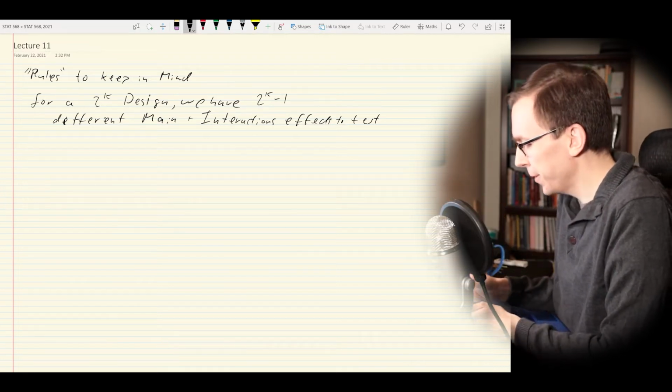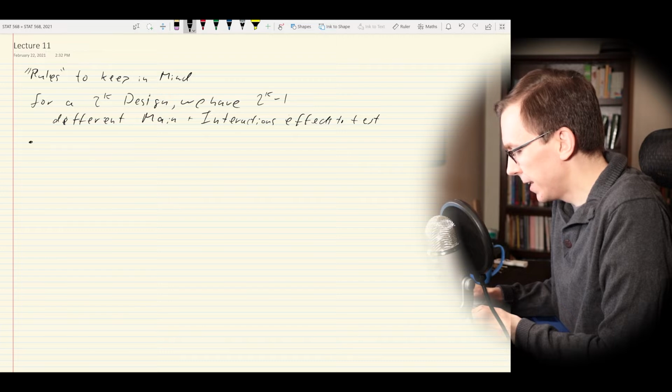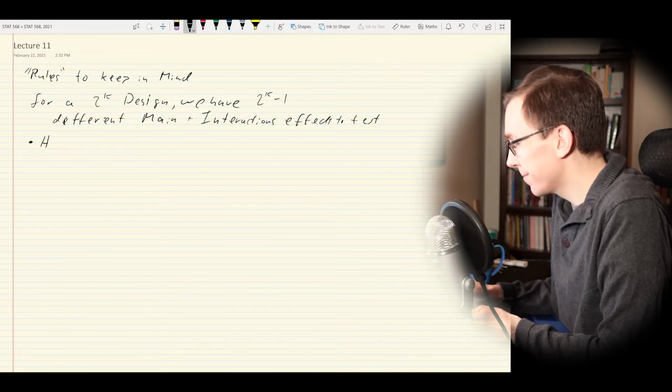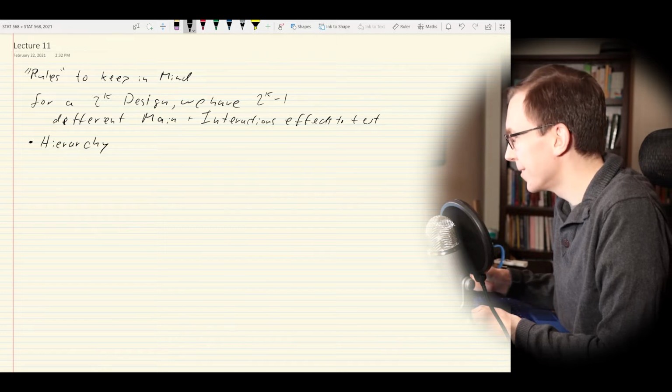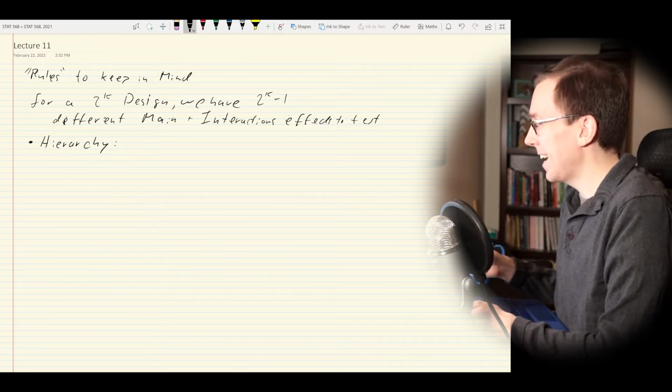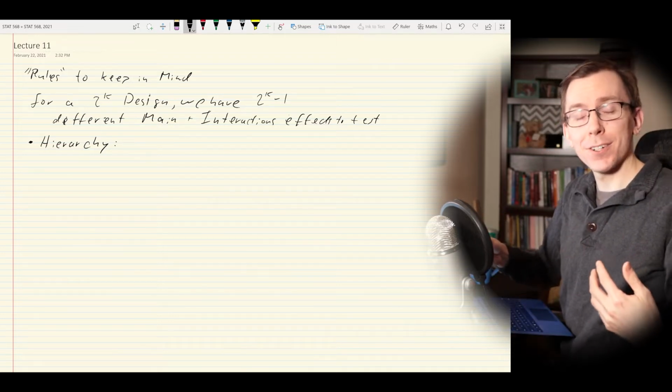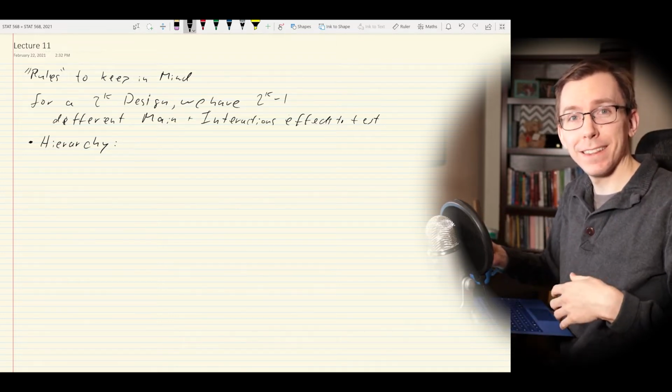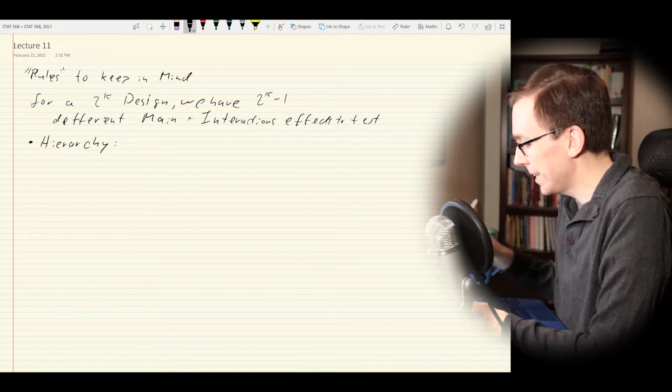The first is this notion of hierarchy. The idea here is that lower order effects are often more significant than higher order effects, that is, interactions.